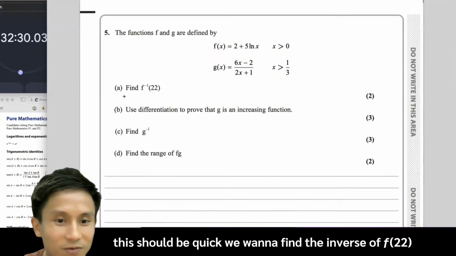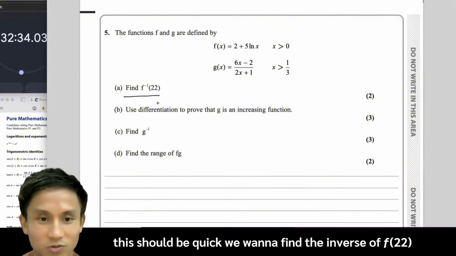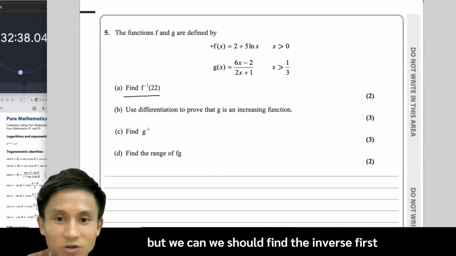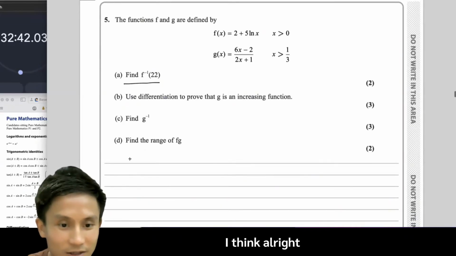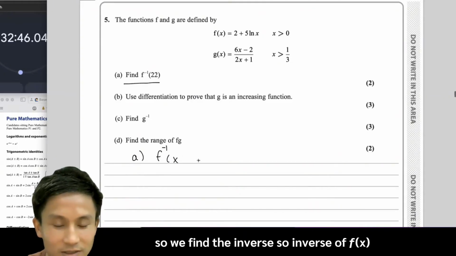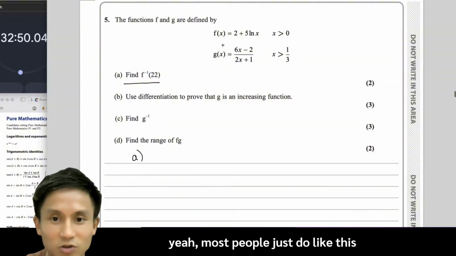We want to find the inverse of F22. It's like just substituting 22 in, but we should find the inverse first, I think. All right. So we find the inverse. So inverse of Fx. Well, most people just do it like this.